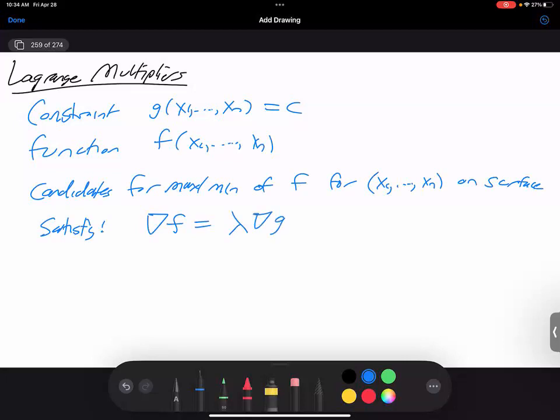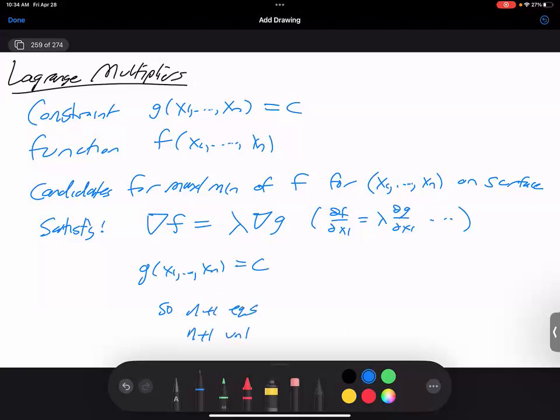And remember, this is df/dx1 equals lambda dg/dx1, and so on, and g of x1 through xn equals c. So we have n+1 equations and n+1 unknowns.